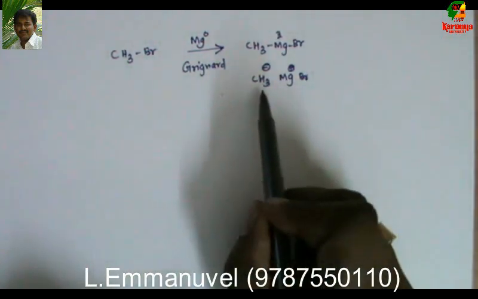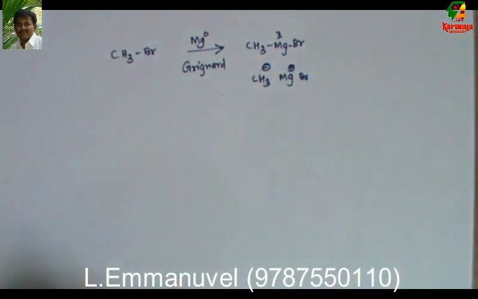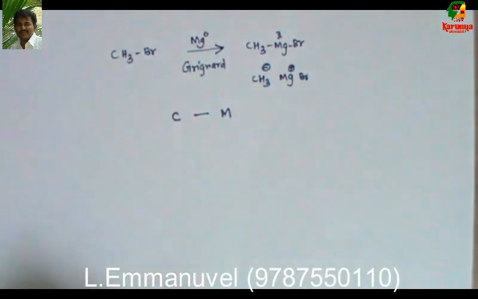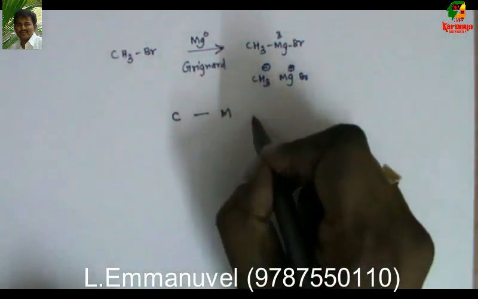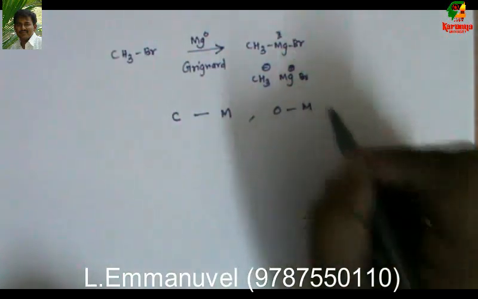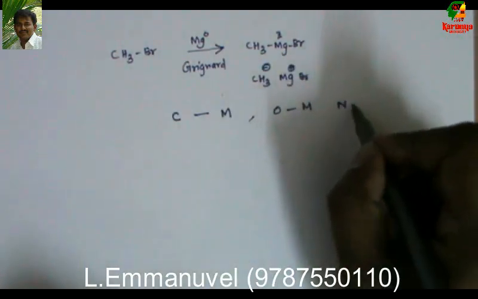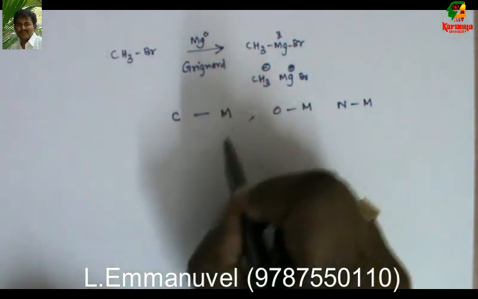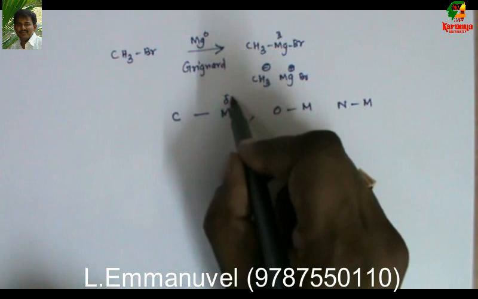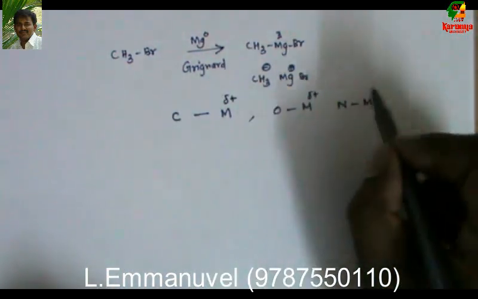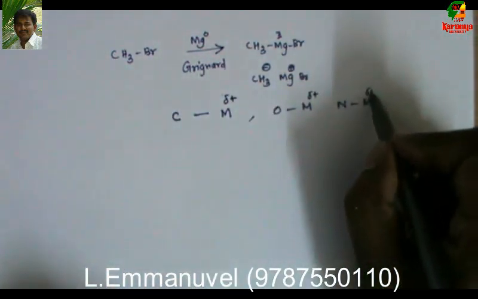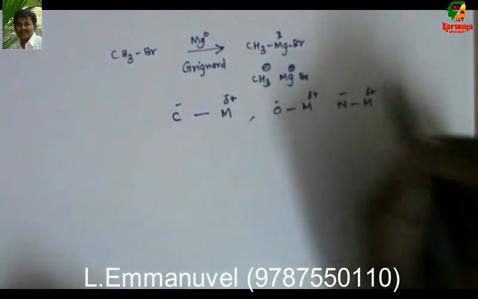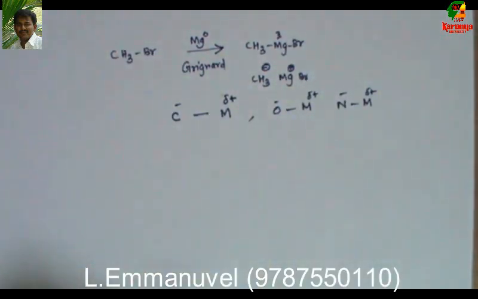Not only this compound, if there is any carbon-metal bond, or oxygen-metal bond, nitrogen-metal bond, then the metal has positive charge and the carbon, oxygen and nitrogen have minus charge.